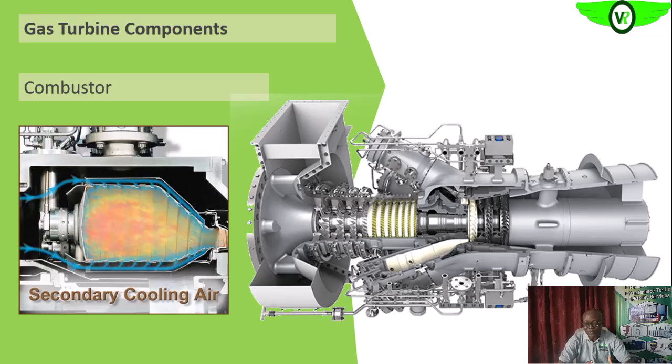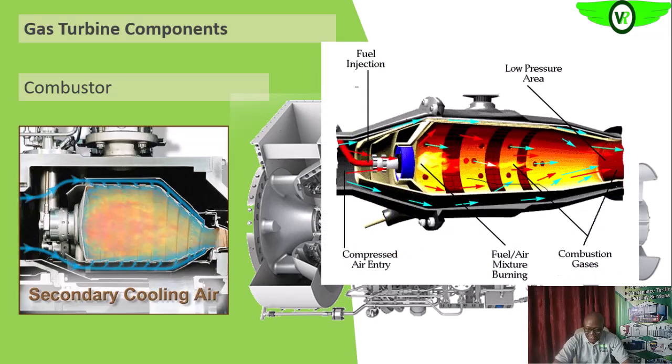That combustion product contains a lot of energy, such that the kinetic energy of all the air molecules within the chamber will have been multiplied multiple times. Okay, so that high energy combustion product is what will now be sent downstream of your gas turbine. So we'll see that later.